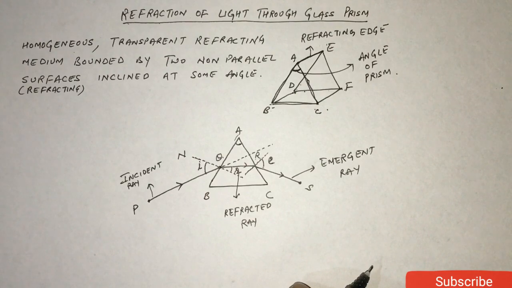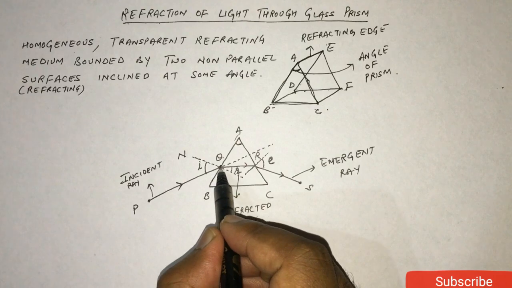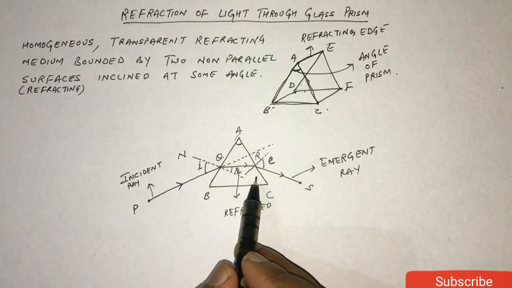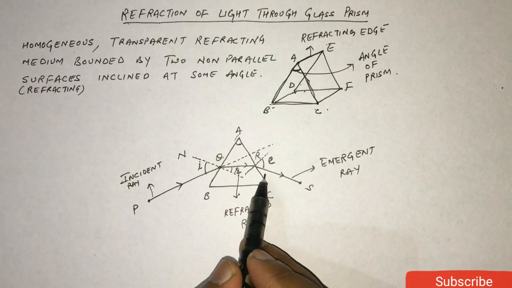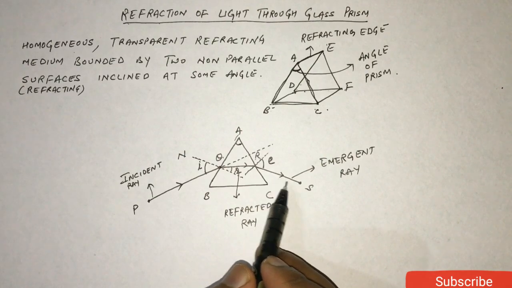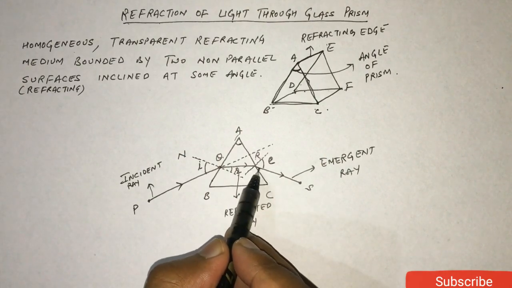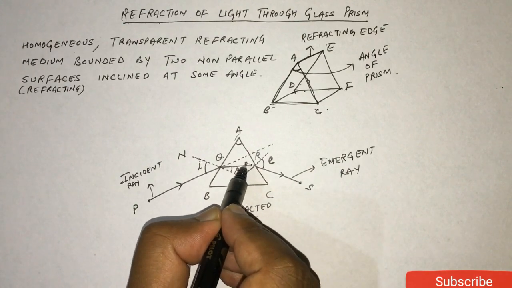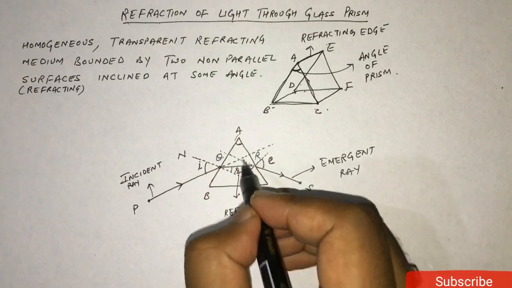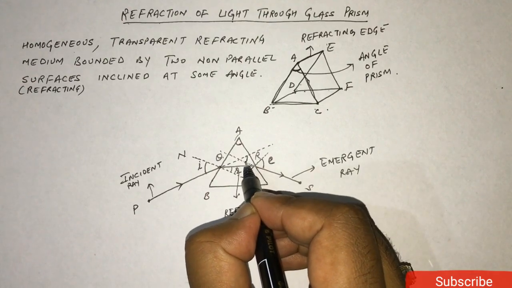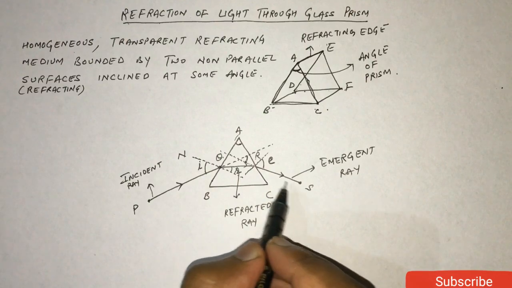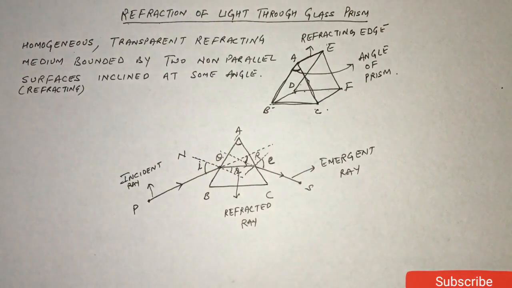Clear? So now look at this structure. This is the initial path of incident ray. Fine. After refraction through glass prism, the direction of light ray, the path of light ray is this, that is RS. Fine. If you extend this ray like this, so this is the angle by which the incident ray deviates when it passes through the prism.